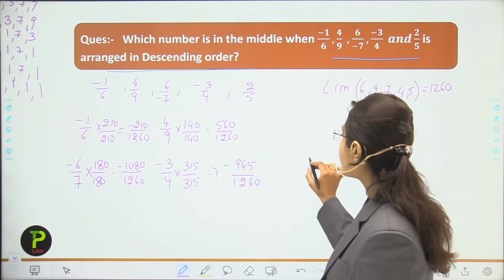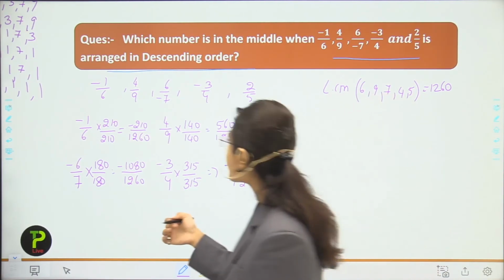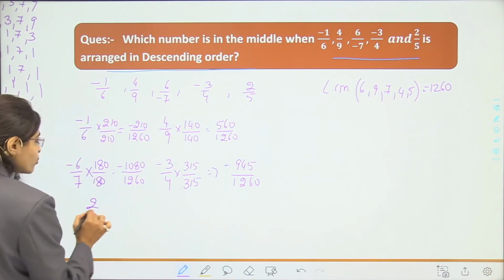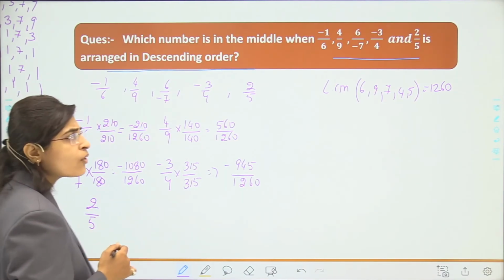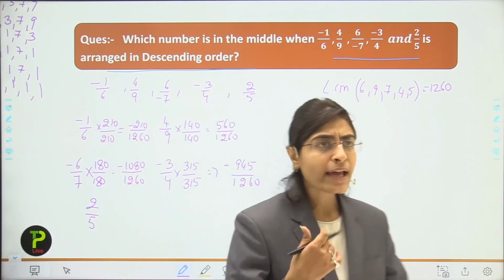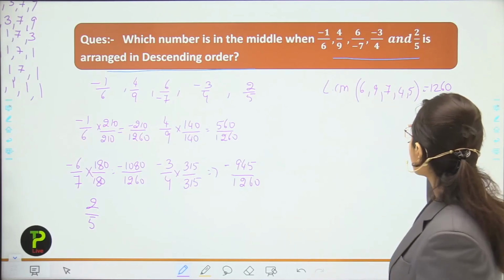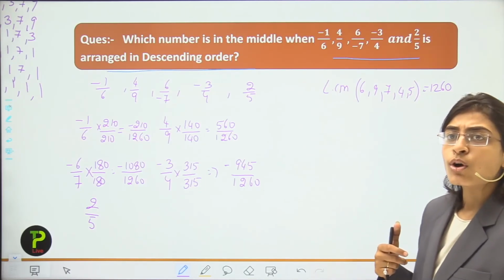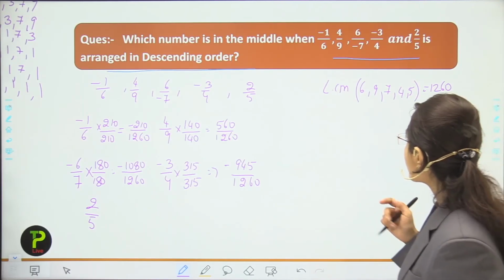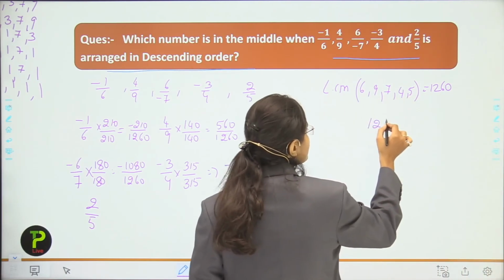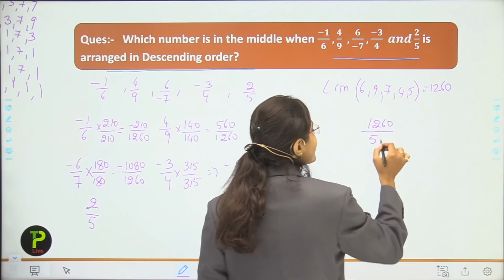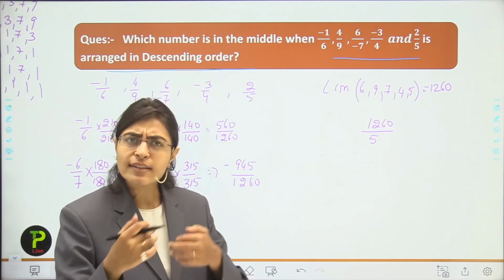Alright, now our next number is 2 by 5. Alright, what should I multiply 5 with to make this 1260? Alright, so it will be what? 1260 divided by 5. Just divide it. Alright, whenever you are confused, just divide it.